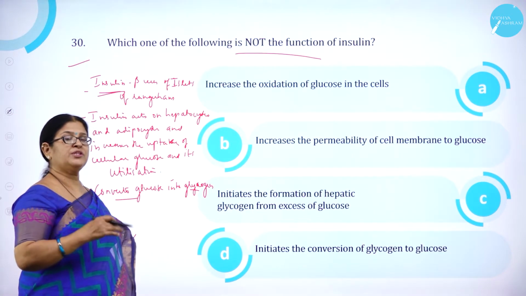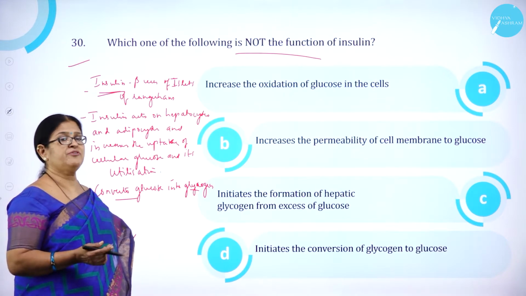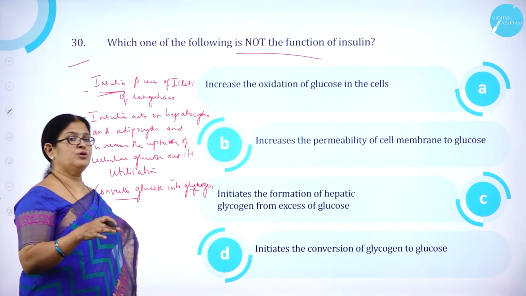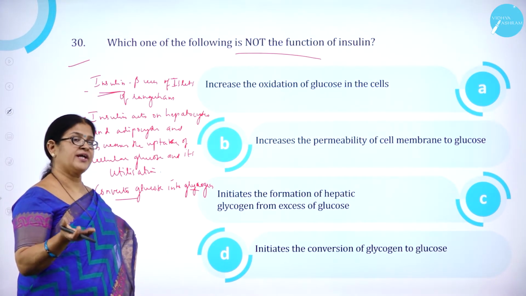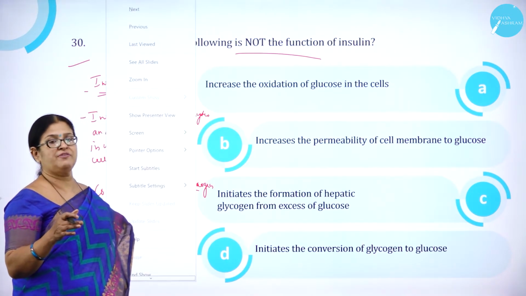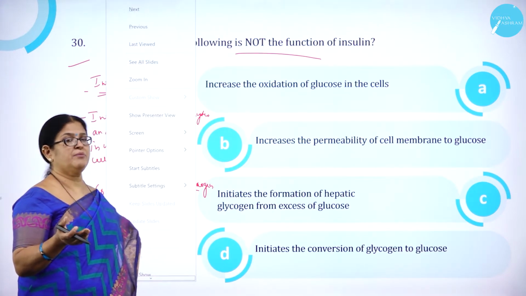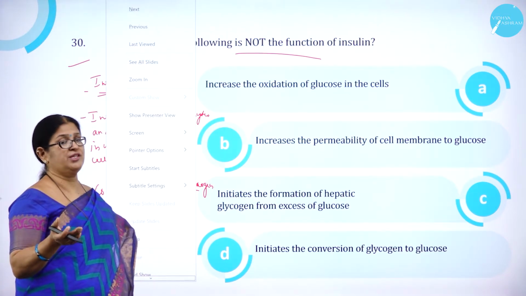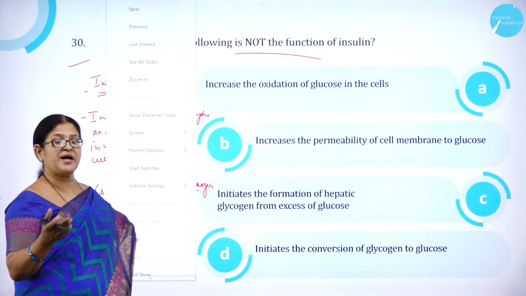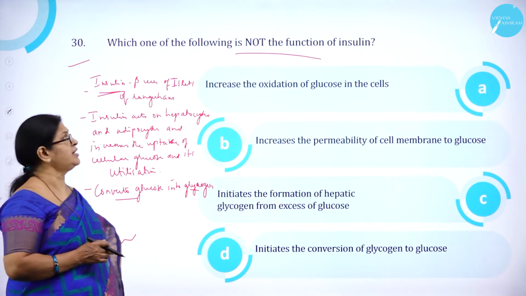And both have a different function to perform. Insulin will bring down the glucose level to normalcy when there is a rise in the glucose level. So when there is a fall of glucose level in the blood, then glucagon comes to the rescue and converts glycogen back into glucose. Insulin converts glucose back into glycogen, thereby balancing the glucose level in the blood.